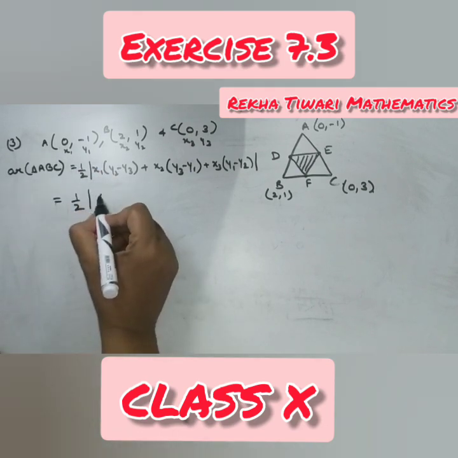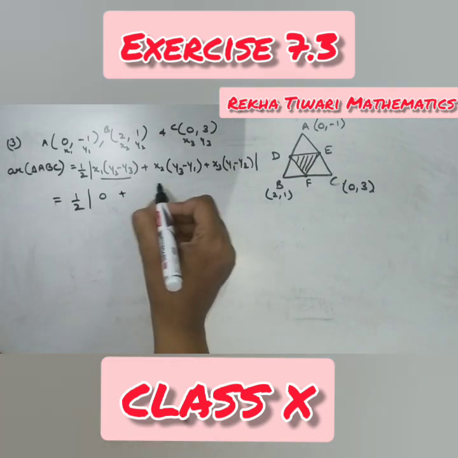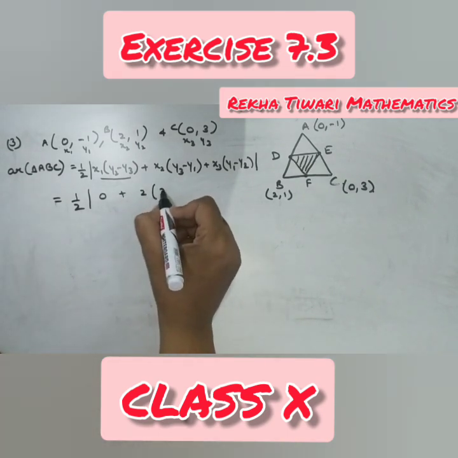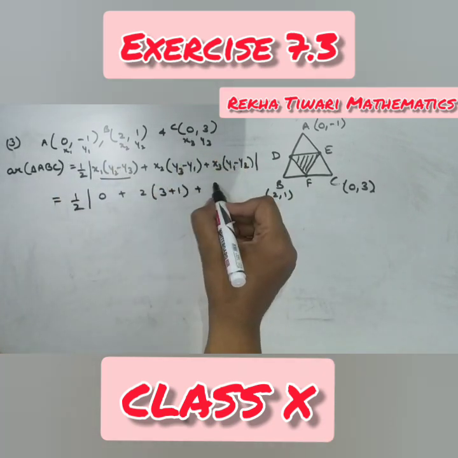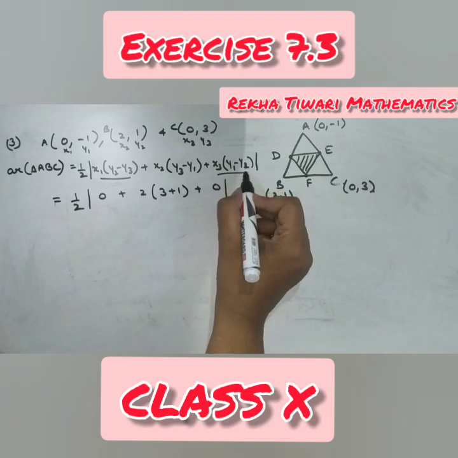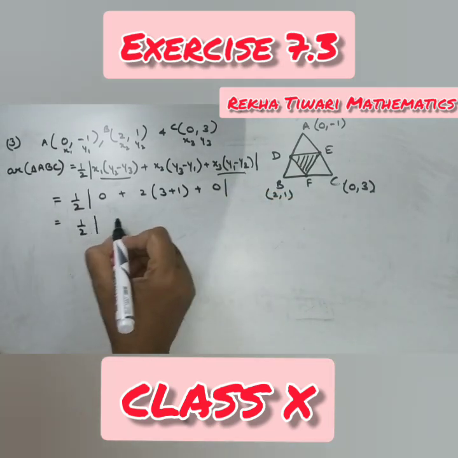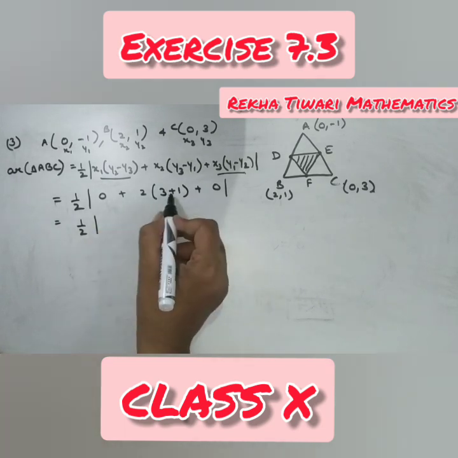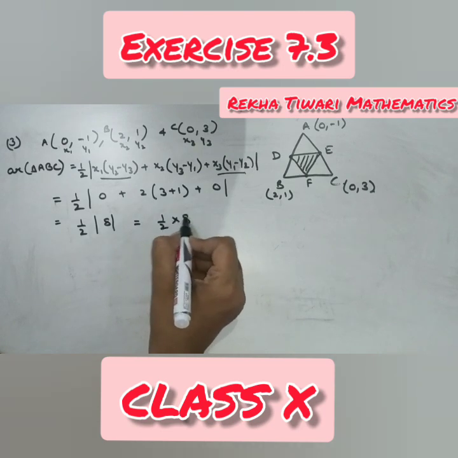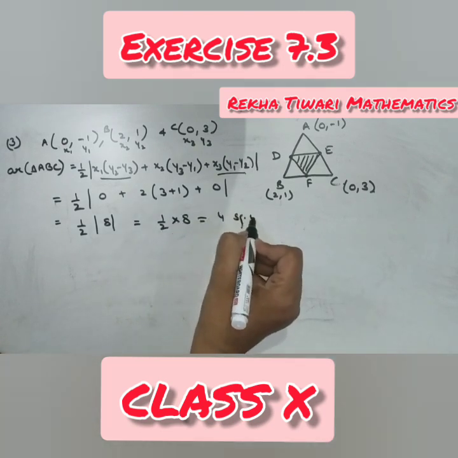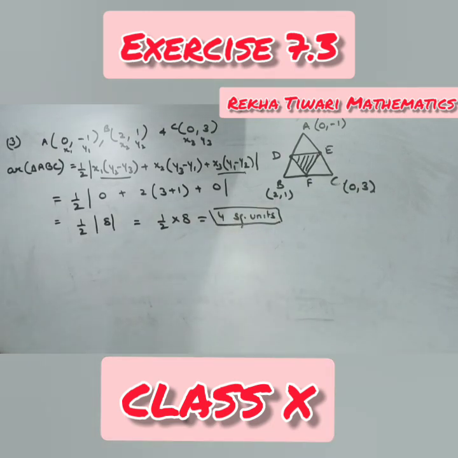See, x1 is 0, so this whole term becomes 0 definitely, plus x2 is 2, y3 is 3 plus 1, minus minus becomes plus 1, plus x3 is 0, so again the whole term becomes 0. 0 multiplied by anything gives you 0. So this is half. 2 into 3 plus 1, 4, that is 8, which comes out to be half into 8, that is 4 square units. So this is the area of the triangle ABC.